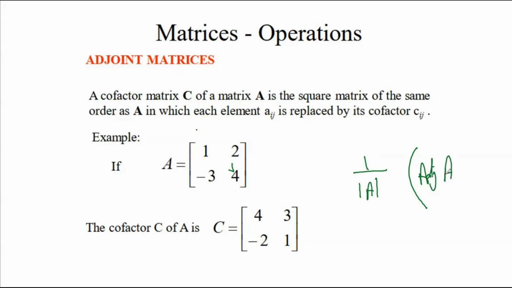The adjoint of E, right? So we learn how to find the determinant. You also learn how to find the cofactor matrix. And then take that and transpose it, and you get the adjoint. We're going to see all of it in an example.